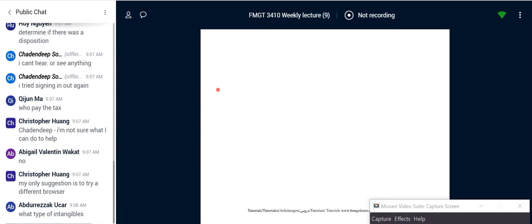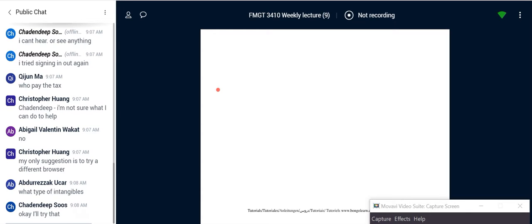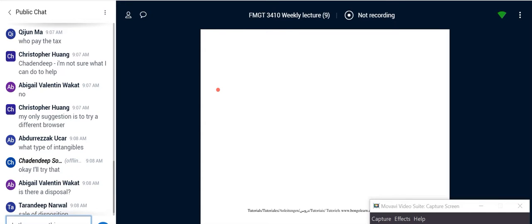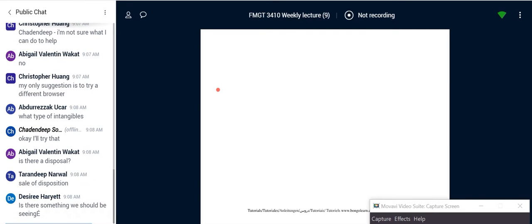So what's the trigger for capital gain reserves? Because remember, you always have to assess trigger first. So what's the trigger? No, no. So remember, cap gain reserves.